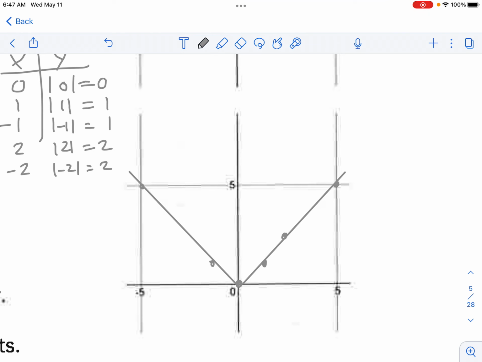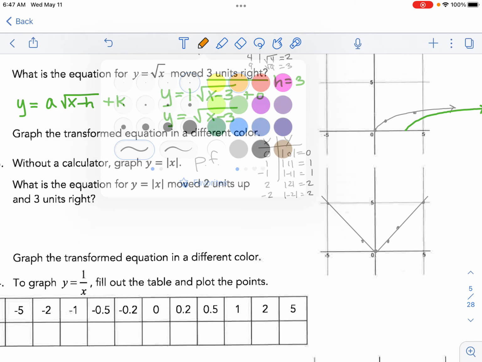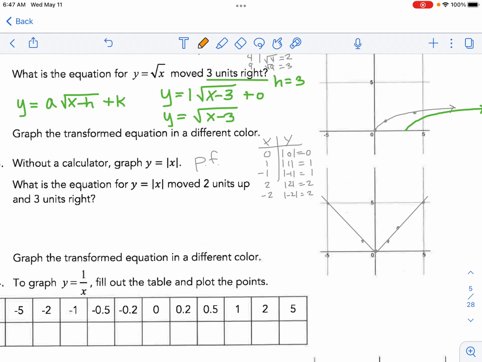And just like the functions before it, the vertex form, remember the vertex, we're always talking about this point. That vertex form is y equals a times the absolute value of x minus h, plus k. So again, the a, h, and k are in the same spots with the new function shape around it.